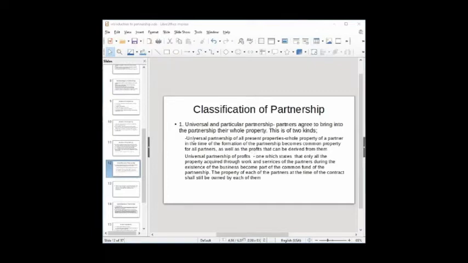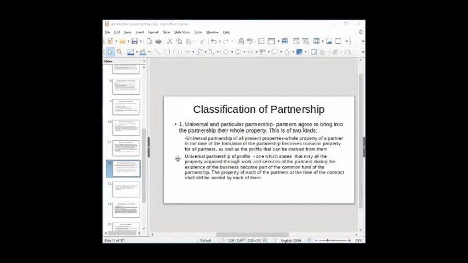For universal partnership of all present properties, that means the whole property of a partner at the time of the formation of the partnership becomes common property for all partners, as well as the profits that can be derived from them.